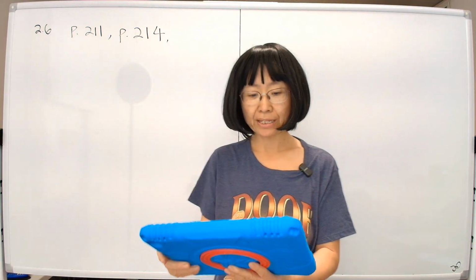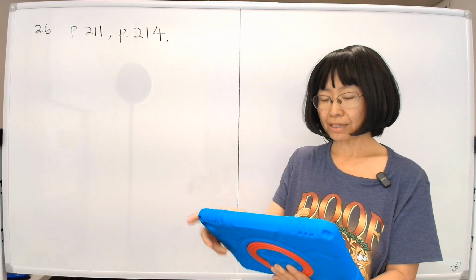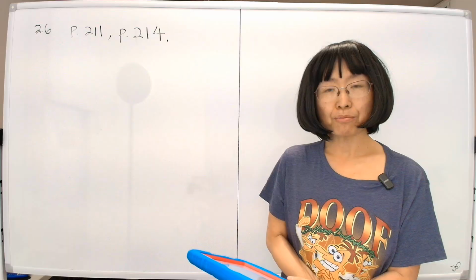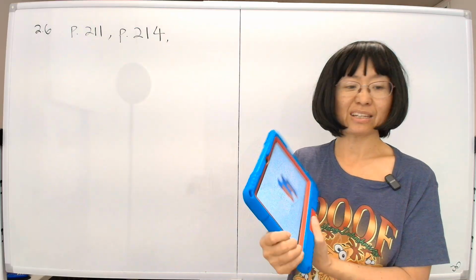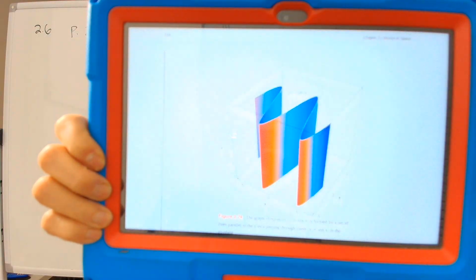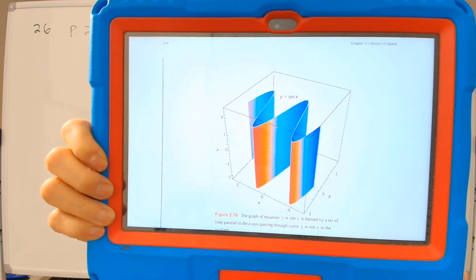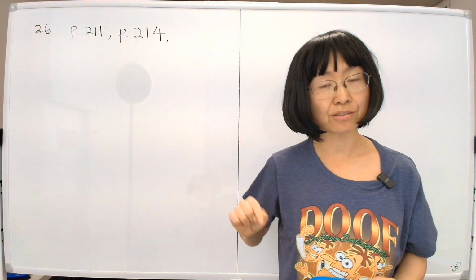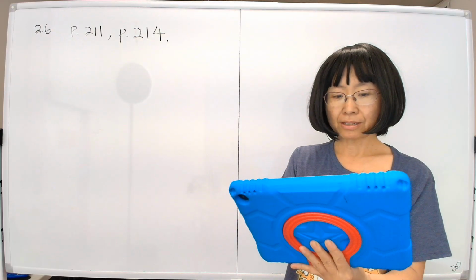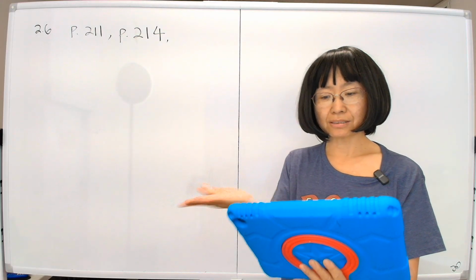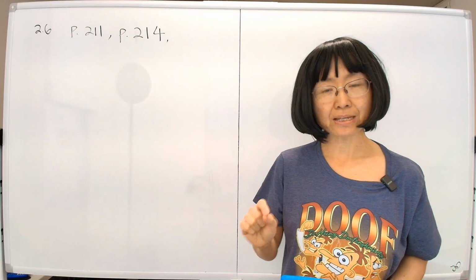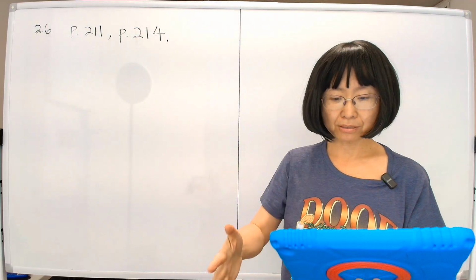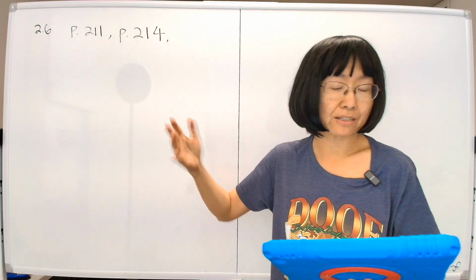Next, let's look at page 214, where we are talking about something called the trace. What's a trace? A trace is when you take a plane of some kind, like the one we just did in the example, and slice it right across and see what the intersection looks like. The slice, however, is specifically by a plane that's parallel to one of the coordinate planes, so it's a vertical or horizontal plane, that sort of thing.